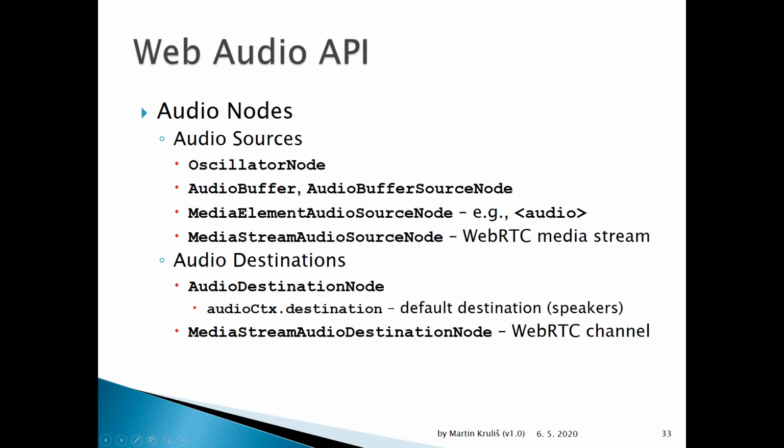As you can see here, there are various source nodes. The simplest one is the oscillator node, which will create an artificial repetitive sound. You can use audio buffers to manually fill the data that should be played in the system. You can also attach the audio element via this proxy. You might ask why we should attach audio elements to the Web Audio API, since the audio element itself can play the sound.